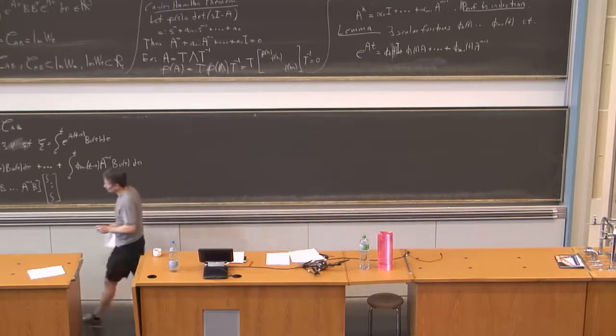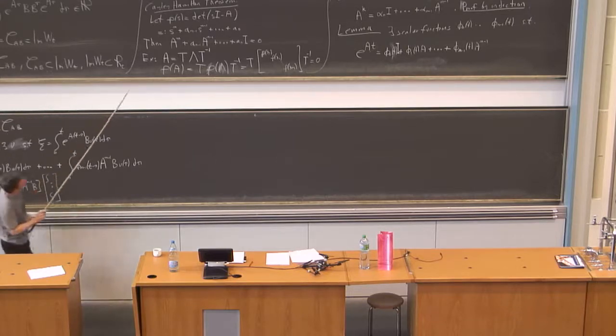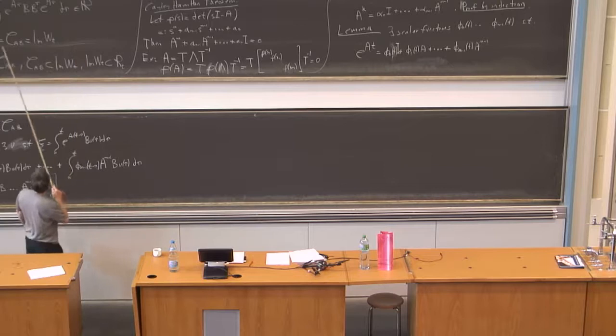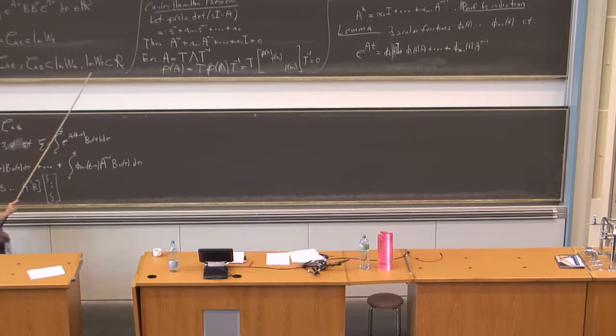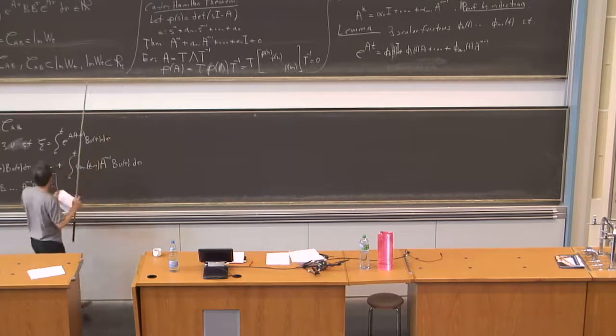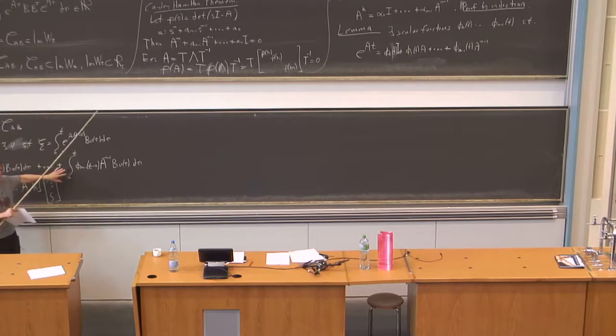Okay, that's a very good question. When I defined my reachable space, which I erased, I just said that there exists a u that will drive me there. The question is, don't I need to put some restrictions on u to make sure that these integrals are well defined? Yes, you're absolutely correct.